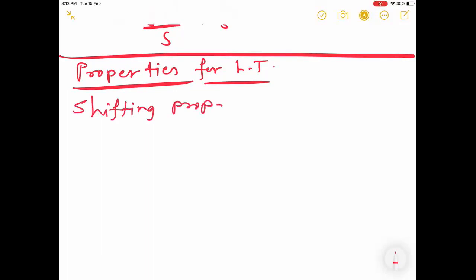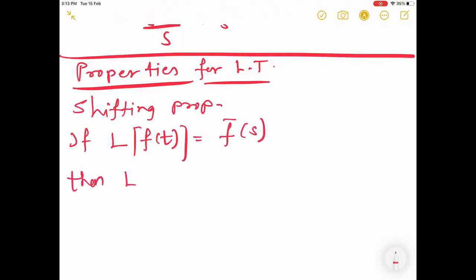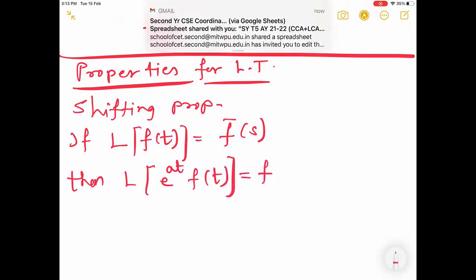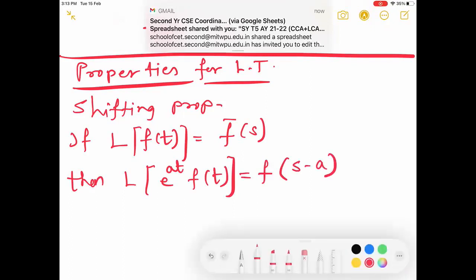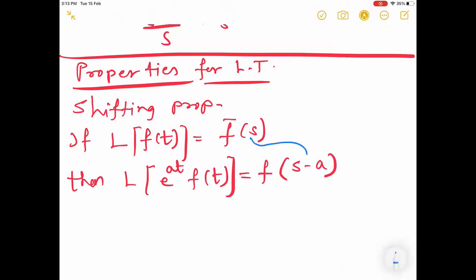Every time the consideration is this: if the Laplace transform of f of t is equal to a function of s, then the Laplace transform of e raised to at multiplied by f of t gives you the shifting of s to s minus a. So this shifting takes place with the help of this multiplication. s is shifted to s minus a when you multiply f of t with the e raised to at function. So that change you have to consider.